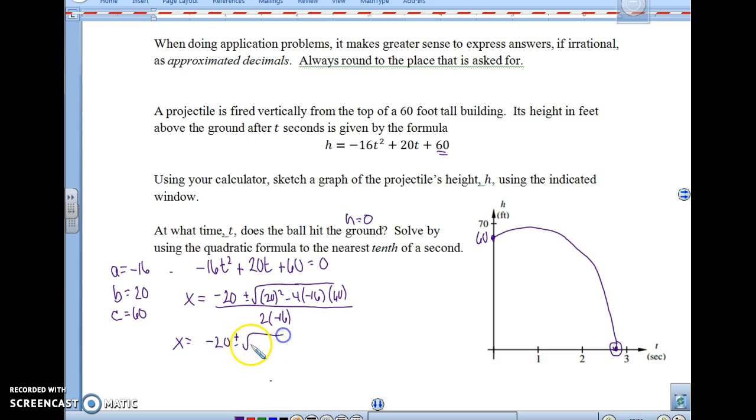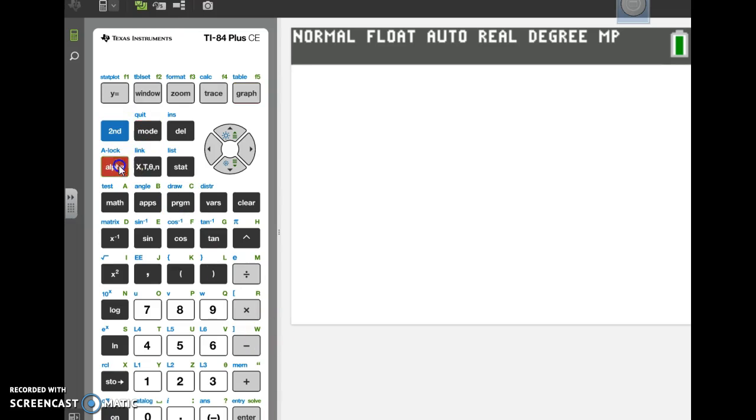Under the square root comes out to be 4240, all over negative 32. All right, so I actually have 2 answers here. Negative 20 plus the square root of 4240 over negative 32, and negative 20 minus the square root of 4240 over negative 32. All right, I can put those in my calculator using my alpha key.